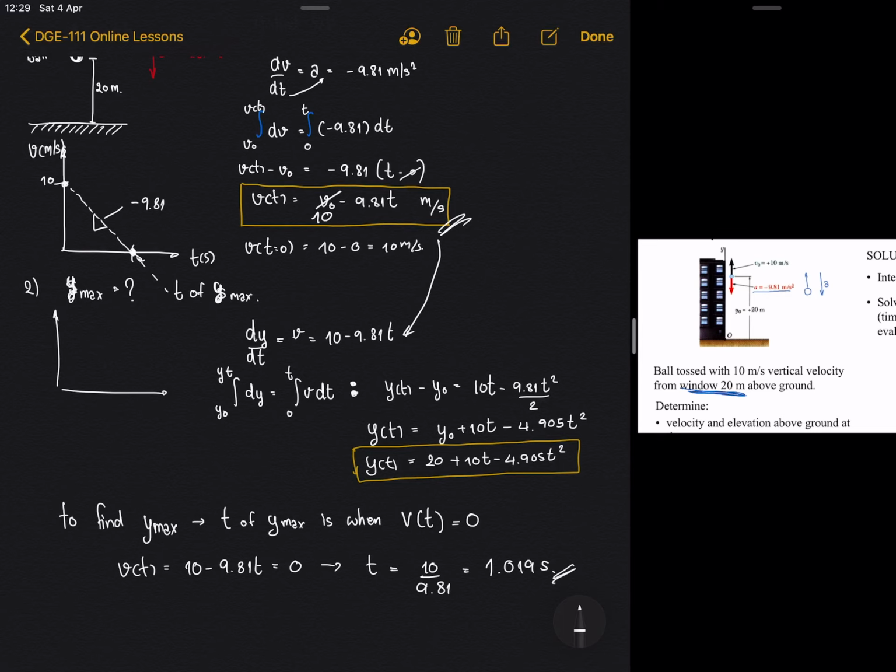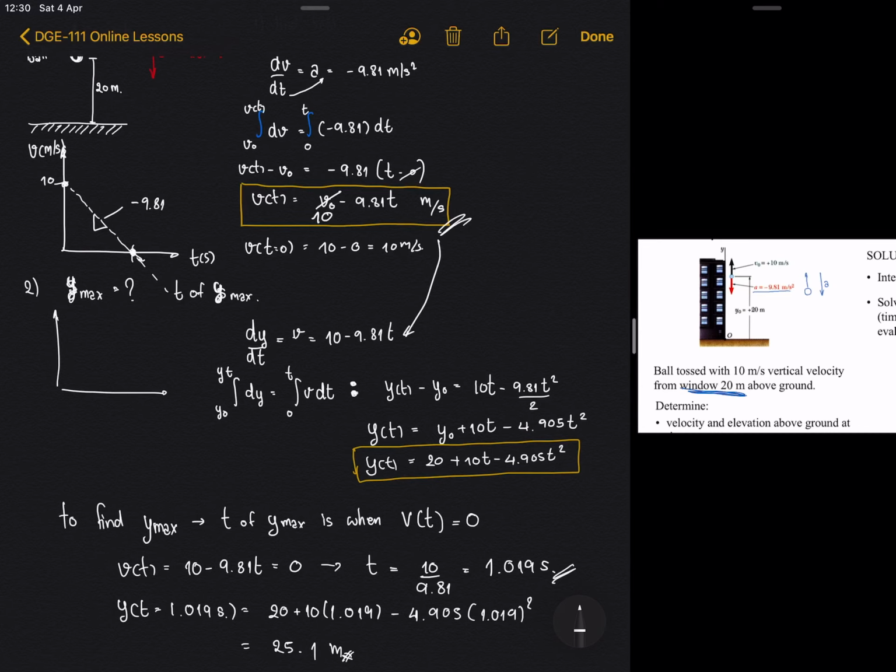And then here is the time when we have the maximum height, and then you can plug this time into the height formula, t equal to 1.019 seconds, and then 20 plus 10 times 1.019 minus 4.905 times 1.019 squared, and then when you solve this you get y equal to 25.1 meters.